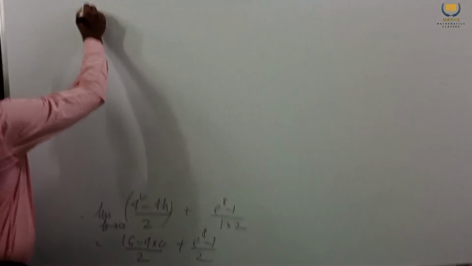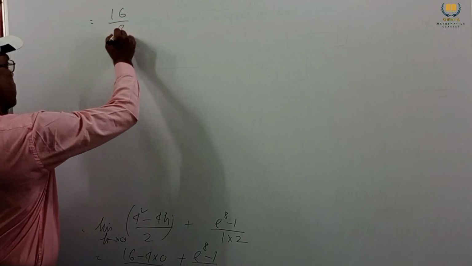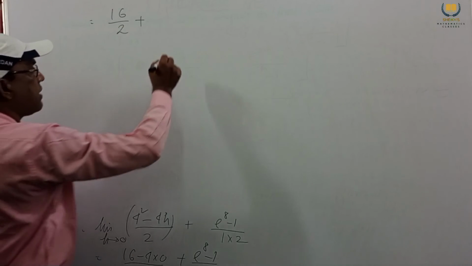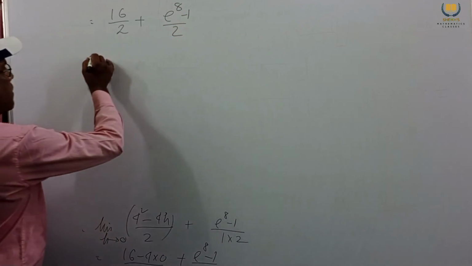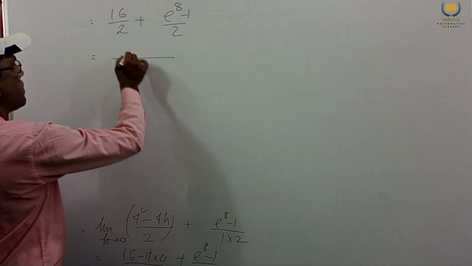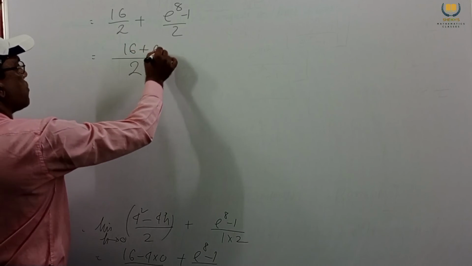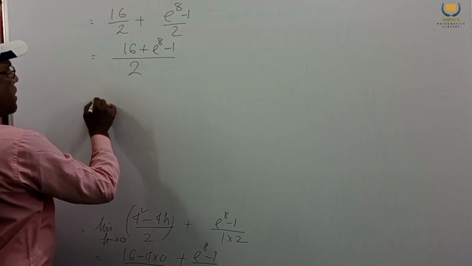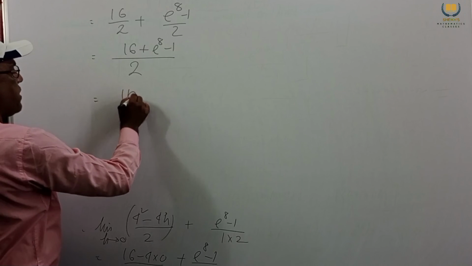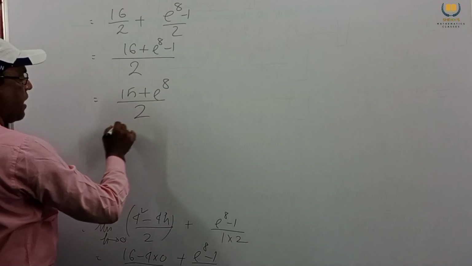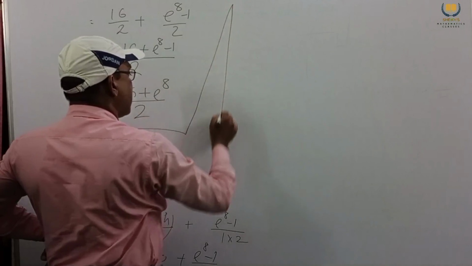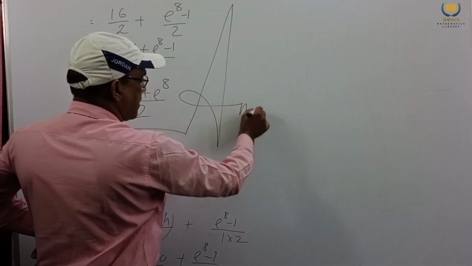So this will be 16 by 2, and here (e to the power 8 minus 1) by 2. So the LCM is 2, (16 plus e to the power 8 minus 1), and this will be (15 plus e to the power 8) by 2, and this is our final answer. This is the nice answer.